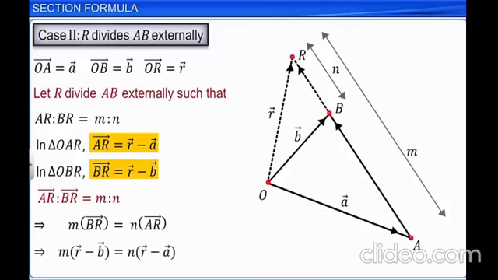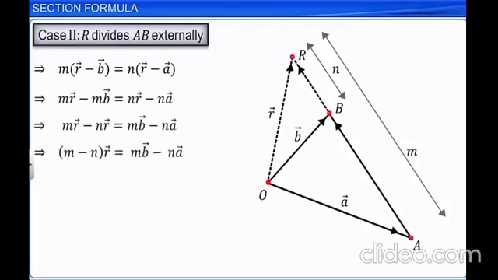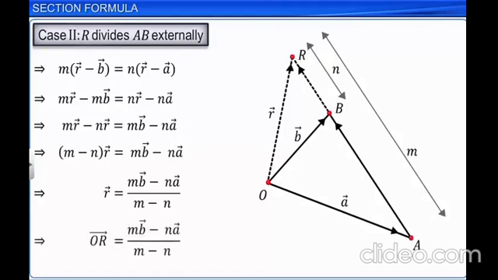On simplification, we get vector R is equal to M into vector B minus N into vector A divided by M minus N. This expression gives the position vector of point R that divides line segment AB externally in the ratio M is to N.